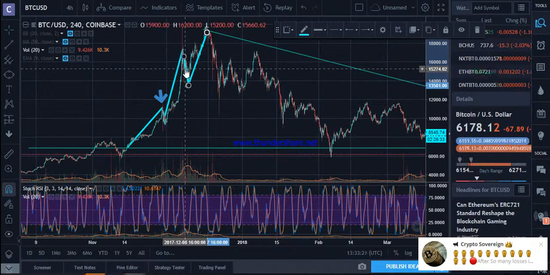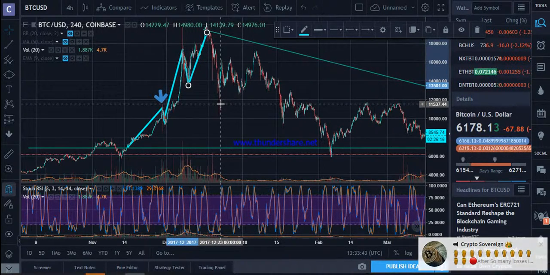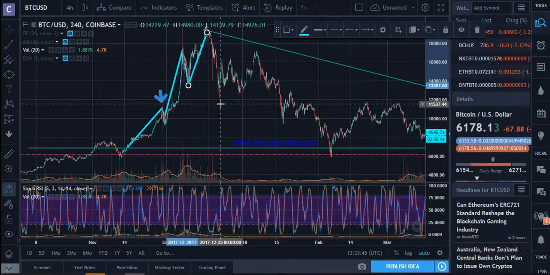So the rule for the correction is that waves 1 to 5 should at least retrace 50%. So realize that this retraces all the way from here down here. Yes, I hope you're getting it. So this is the peak retracement actually.